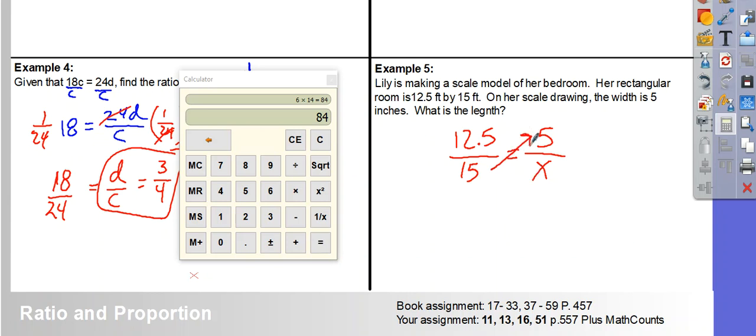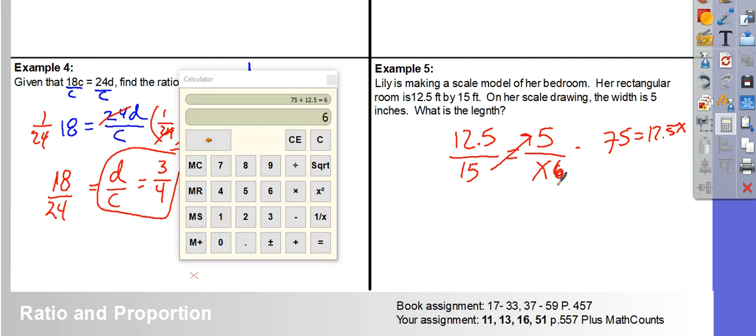So 15 times 5 is what, 75? So we have 75 is equal to 12.5 times x. All right, so 75 divided by 12.5. So that means in the drawing it needs to be 6.